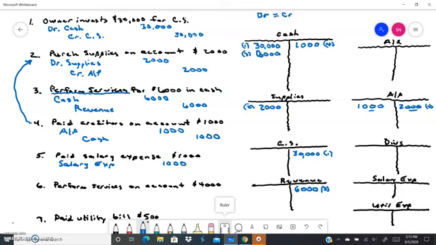And we paid cash. Cash decreased. A decrease in an asset is a credit. So credit cash for 1,000. So another $1,000 credit to cash for entry 5. And here salary expense is a debit for entry 5, $1,000.